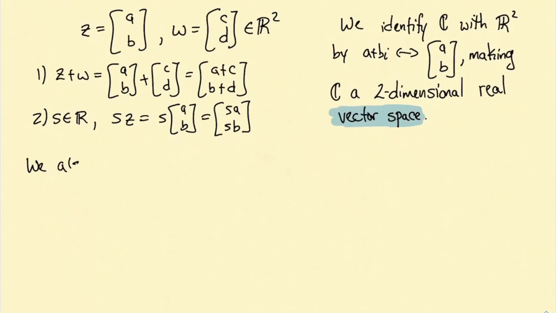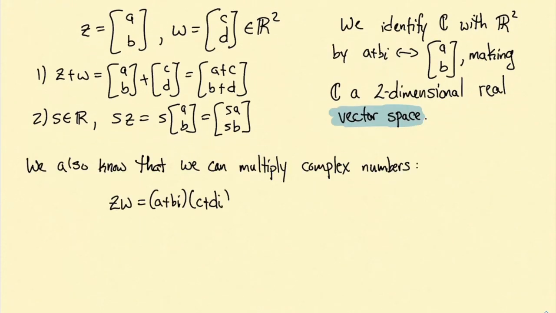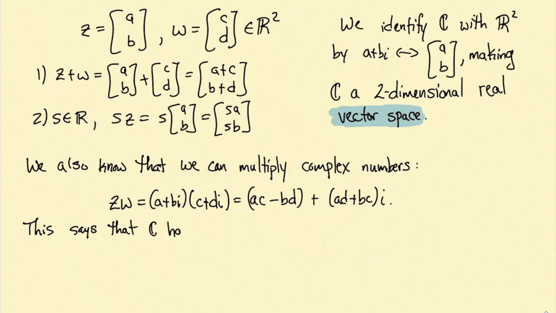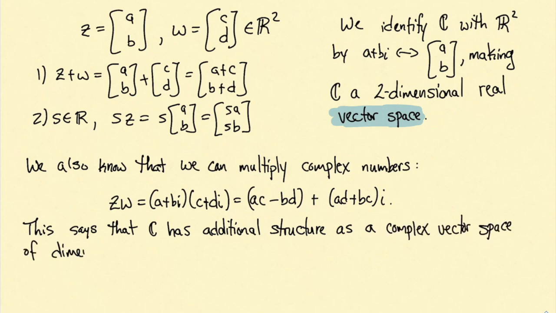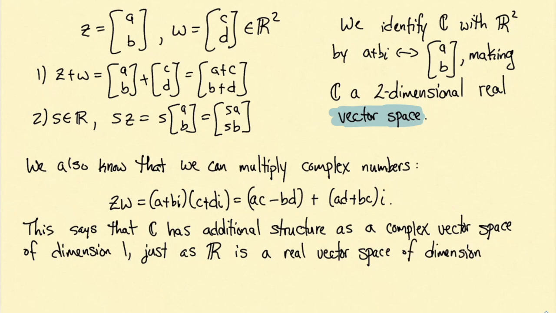We can also multiply any two complex numbers together and get another complex number. This action of the complex numbers on itself by multiplication endows the set of complex numbers with the structure of a one-dimensional complex vector space, analogous to the way we can regard the real numbers as a one-dimensional real vector space.